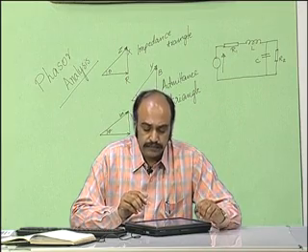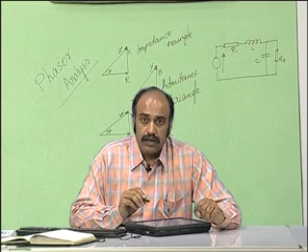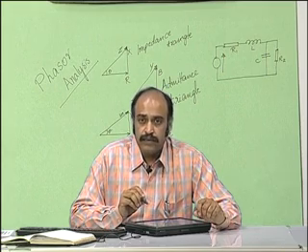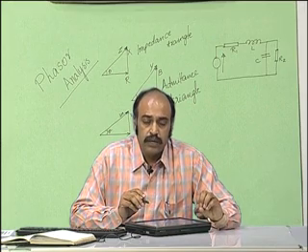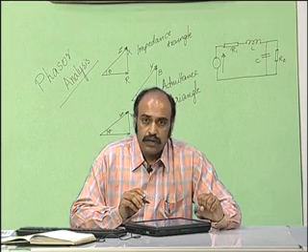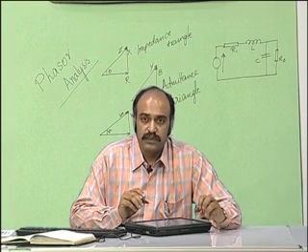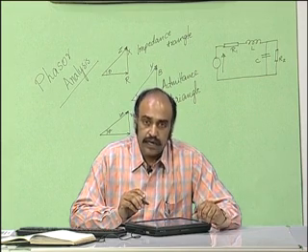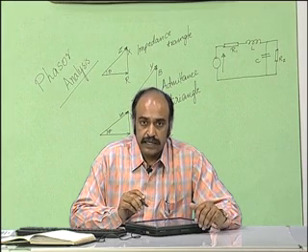All this information can be gathered from the power triangle. The power factor angle theta is also a very important parameter which characterizes the circuit, which is actually a measure for the goodness of the circuit in many cases, and we will see more about the power factor in the next session.